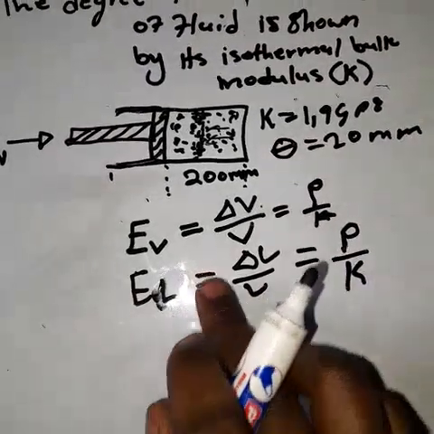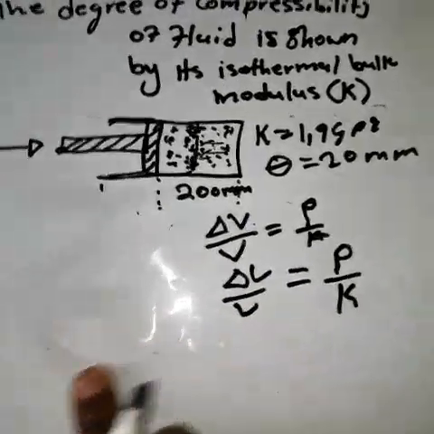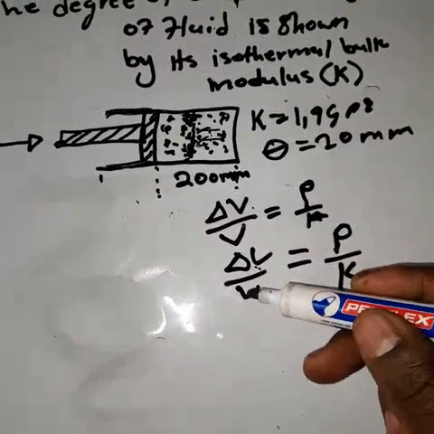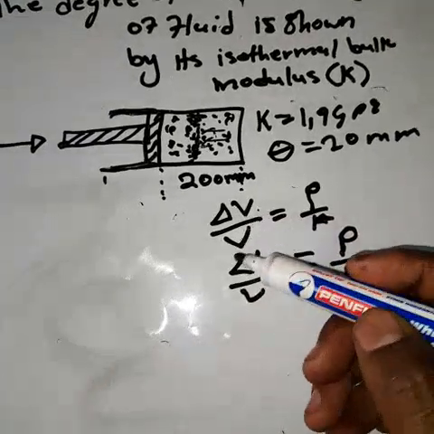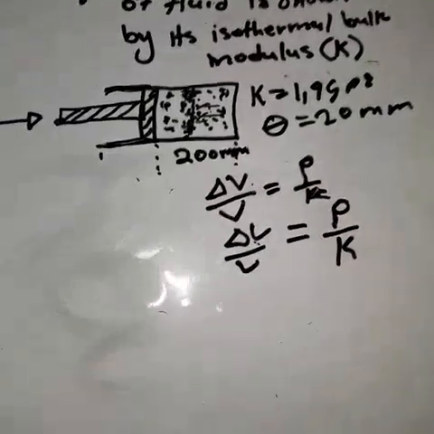Then I can simply erase this. That means change in length over original length is equal to P over K. Change in volume over V is equal to P over K. You see, it is always like this.